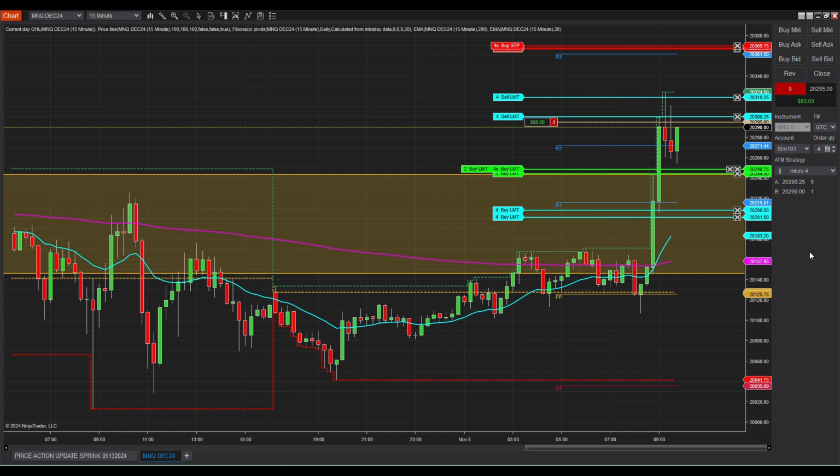9:41. I've got sell trades on the downside. You just gotta let these trades breathe out. Trading the breakout of the 15 range and trading back to the 15 range. Trading micros.